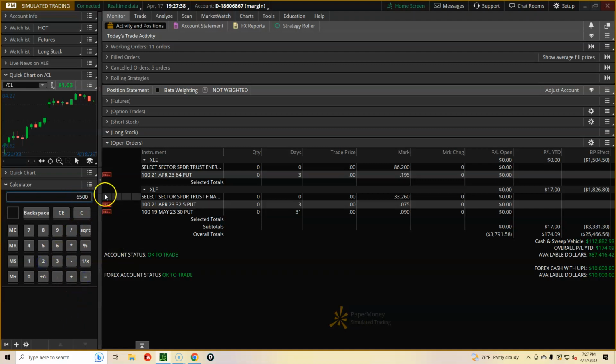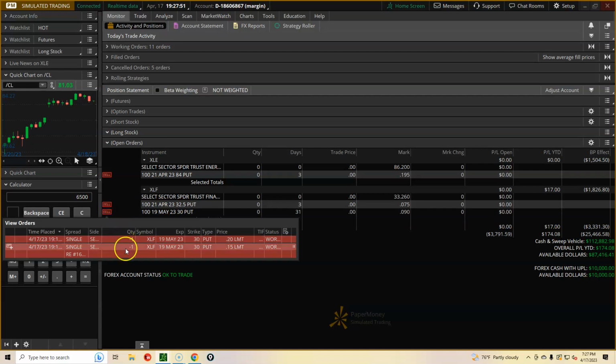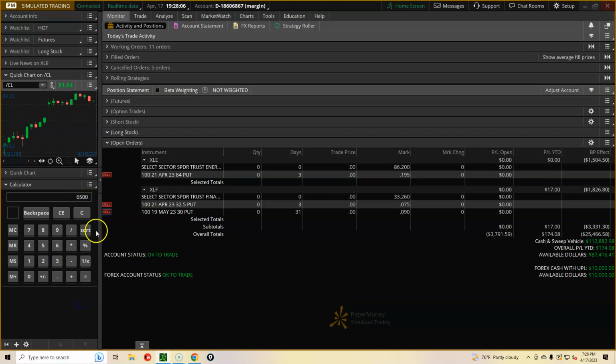So with this one right here at the 32.50, that's putting us on the hook for 6,500. Then over here, if we get filled at this, it's the $30 strike price. If we got filled on both of them, it would be 200 shares, right? So $30 times 100 is 3,000 times 2 contracts, 6,000. So we got our 6,500 here, plus another 6,000.